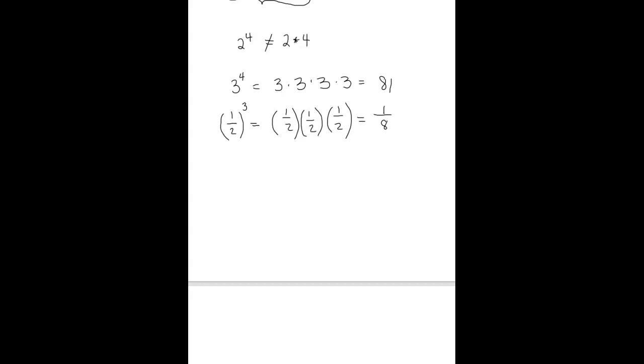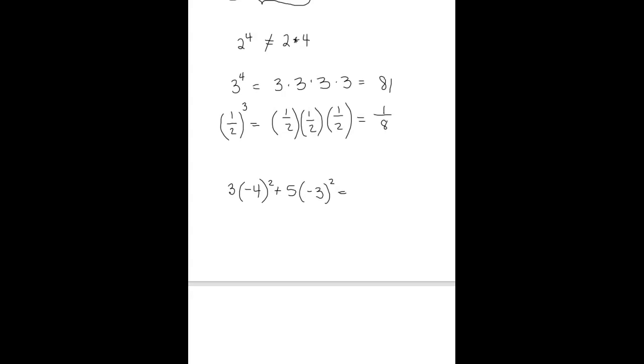All right. I want to be super clear too that if I have a bunch of things happening, my order of operations absolutely comes into play. So if I have 3 times -4 squared plus 5 times -3 squared, I have to address these first.